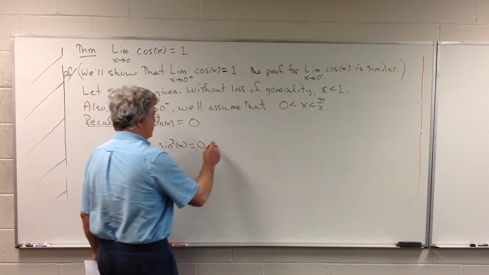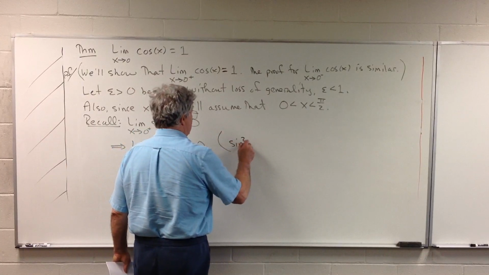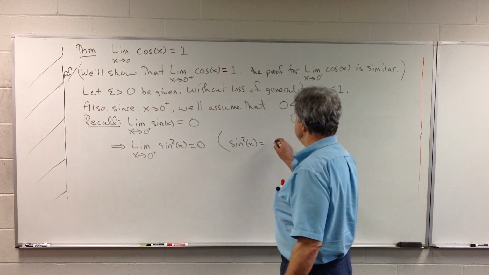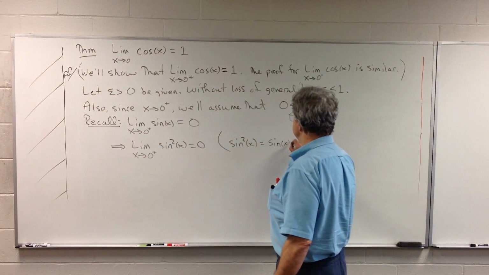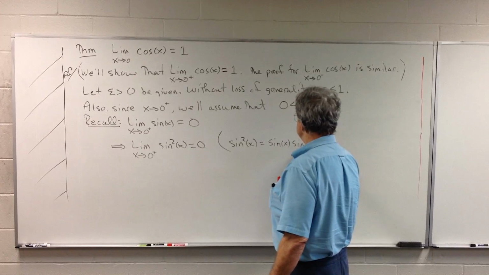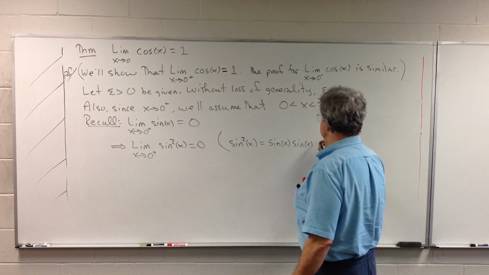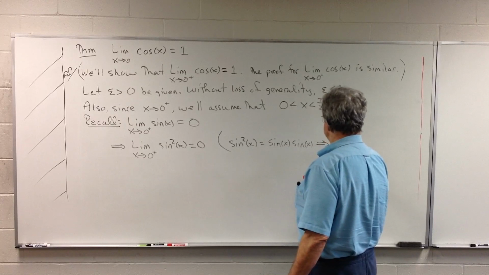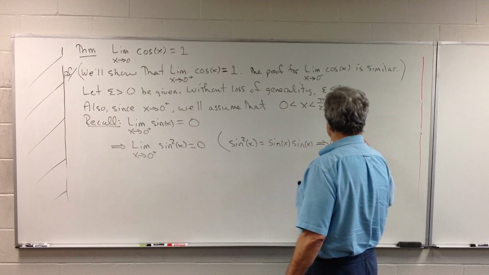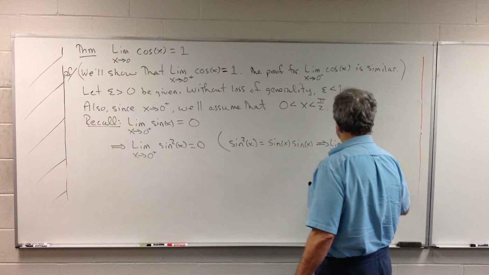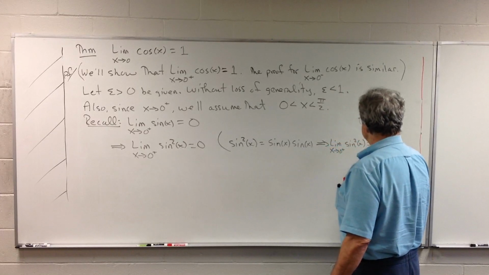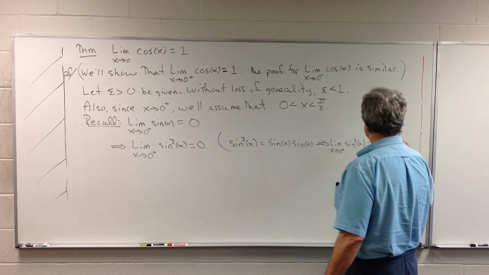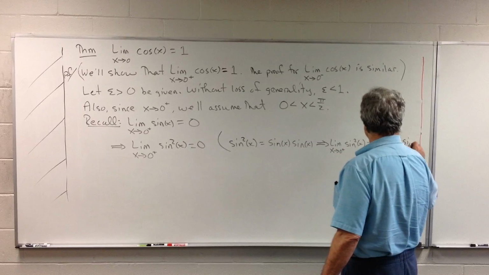Now, why is that? We can reason this way: sine squared x is equal to sine x times sine x. Therefore the limit as x approaches 0 of sine squared x is the same as the limit as x approaches 0 of sine of x times sine of x.